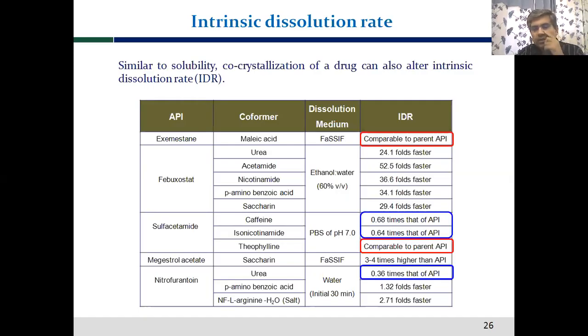So what comes out of this discussion is that you can either increase the IDR using the co-crystals, or it can even decrease depending upon the type of co-former that has been chosen. So it is not always that if you create a co-crystal, you will always see an improvement in solubility. You can also see a decrease in the solubility because of the properties of the coformer.